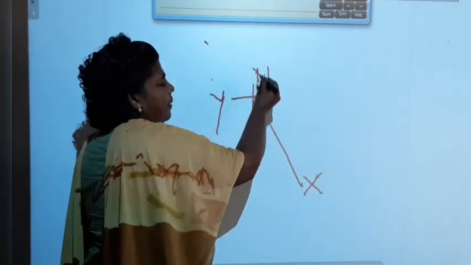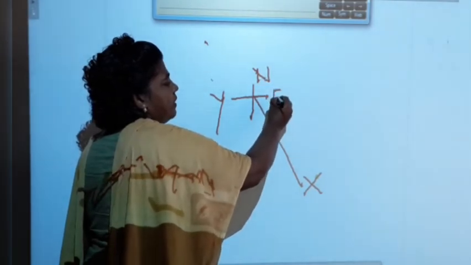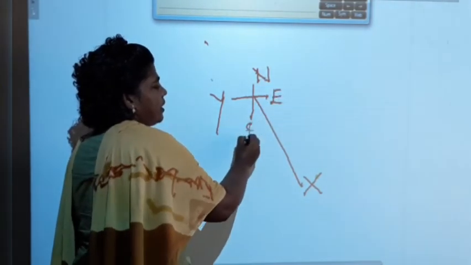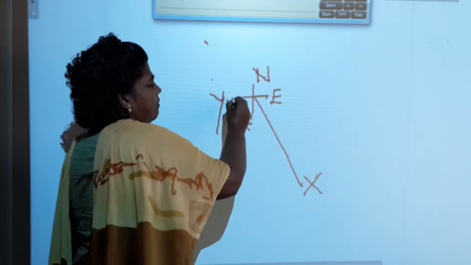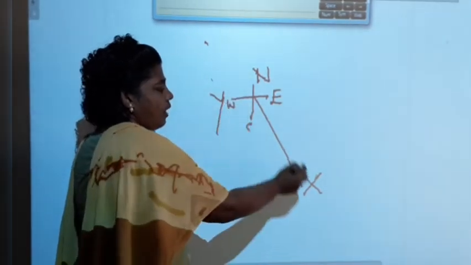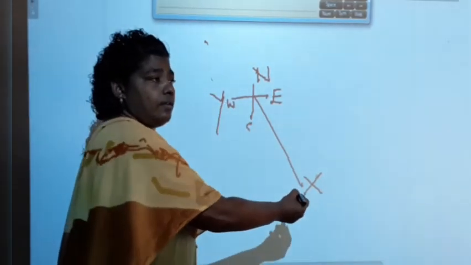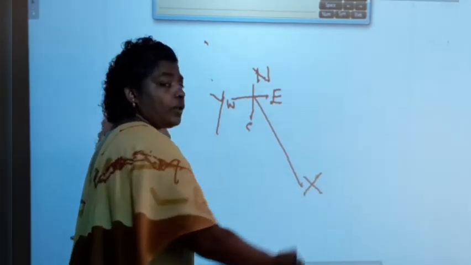Keeping this, this is your east, this is your south, and this is your west. So how will you measure where this X is located?